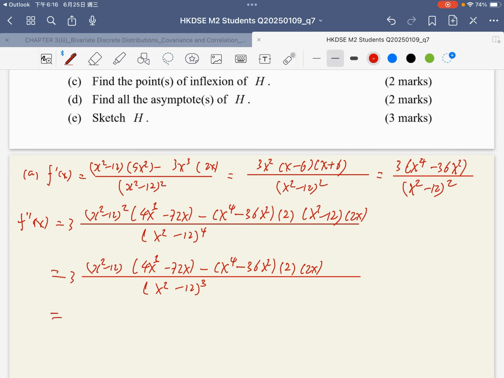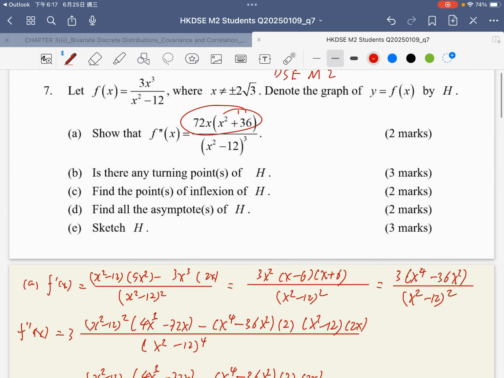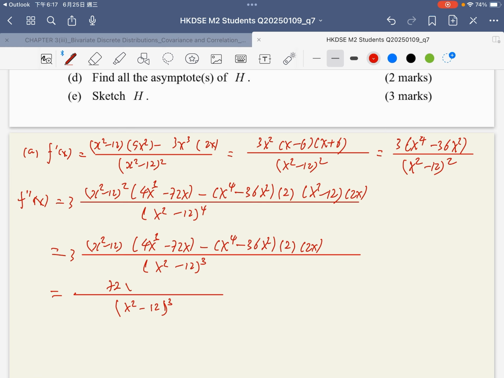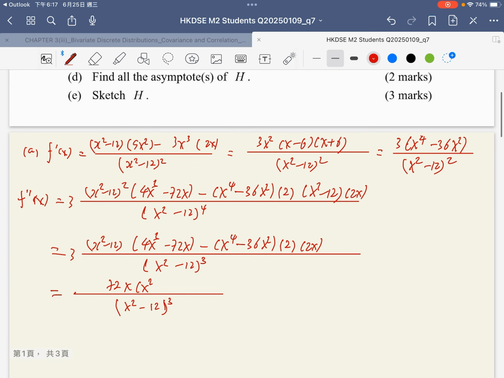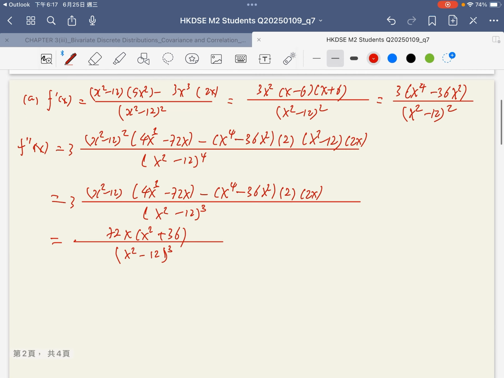Then I think it is better to simplify the numerator. The denominator I keep in the original format, and for the numerator I finally calculate the format of this one. Here I skip the detailed steps. You can try it by yourself. Yes, it's right.